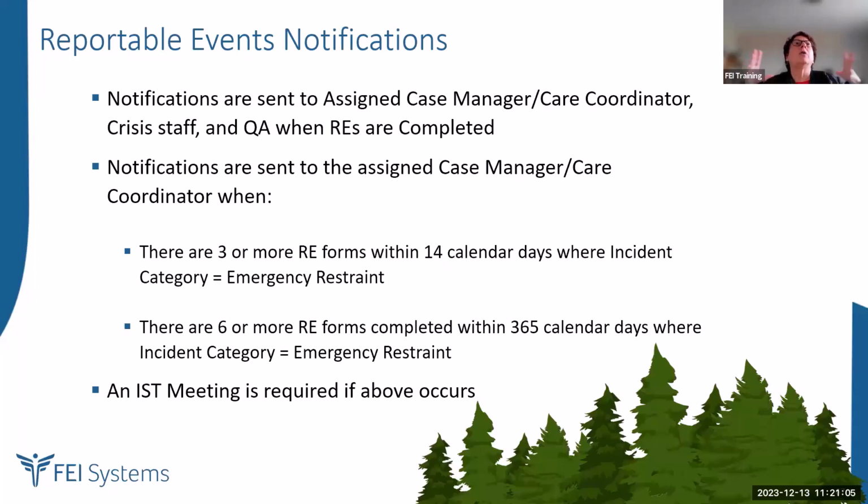So you all, the case manager, case coordinator, nobody needs to worry about tracking that. The system is going to do that. And as you know, an IST meeting is required if the above occurs.